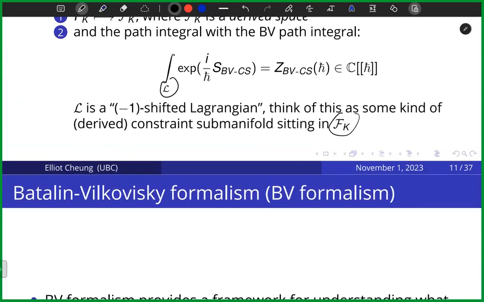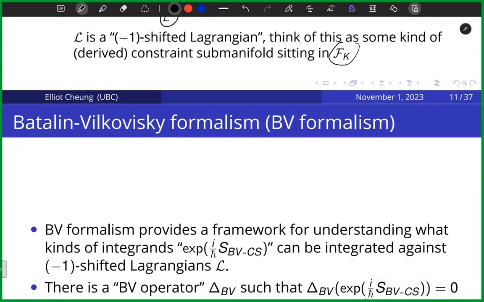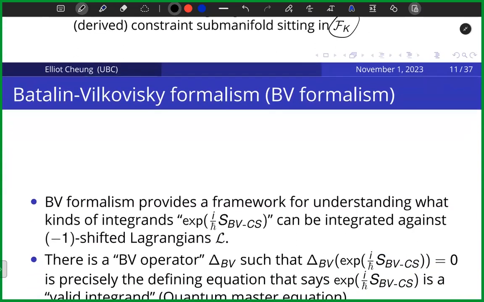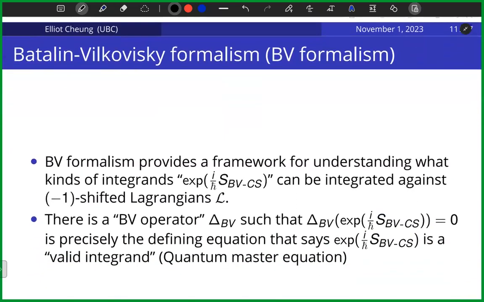So the BV formalism gives us a framework for understanding what kind of integrands can be paired with these constraint manifolds to produce numbers. There's this BV operator in the formalism, and this integrand being annihilated by this operator is precisely the defining equation that says that this is a valid integrand. Some people call this the quantum master equation.